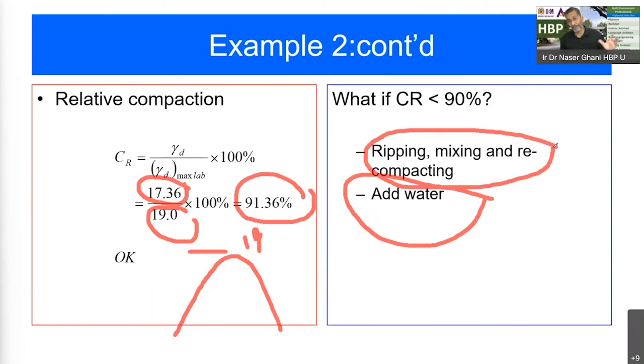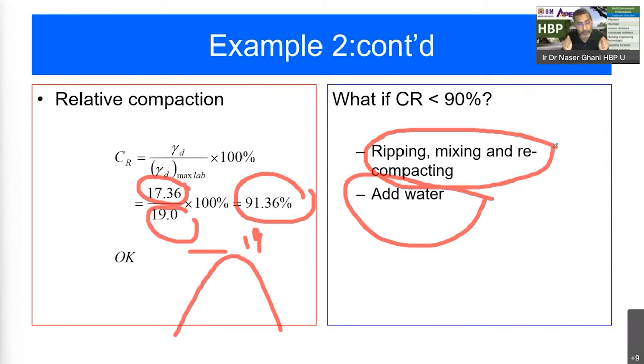That means you cannot be doing the roller compaction during rain. You stop and then you will start again. But definitely you cannot start immediately. You need to let the water go, and even then, you will still need to do what we call ripping.